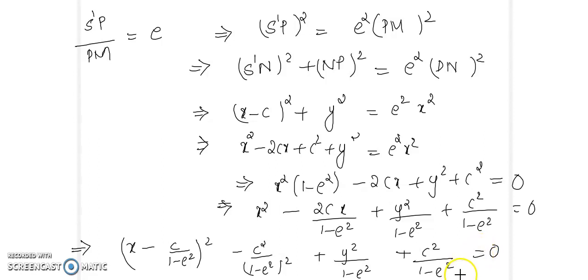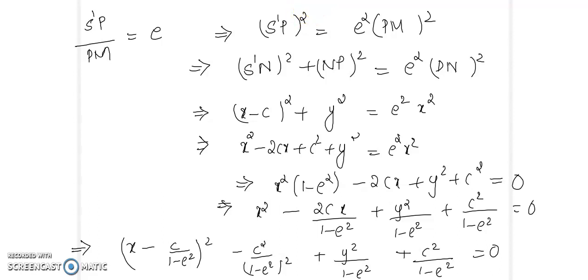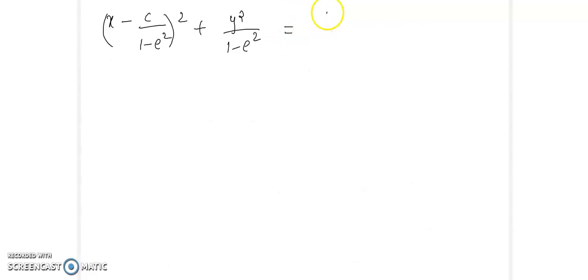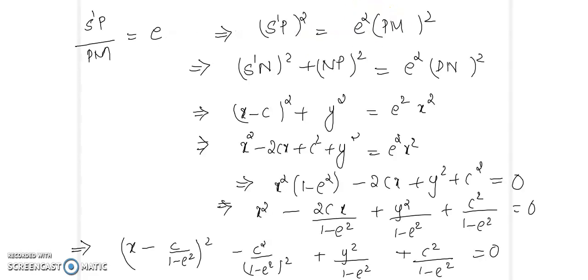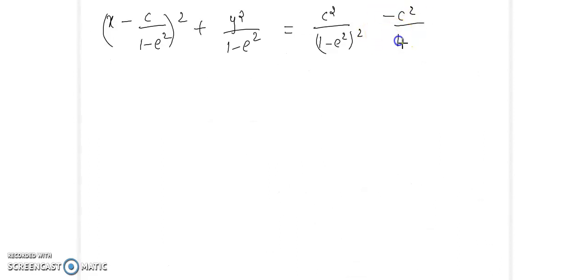Now let us again simplify this. So we will get x minus C by 1 minus E square the whole square plus Y square by 1 minus E square equal to, so we will have C square by 1 minus E square whole square minus C square by 1 minus E square.